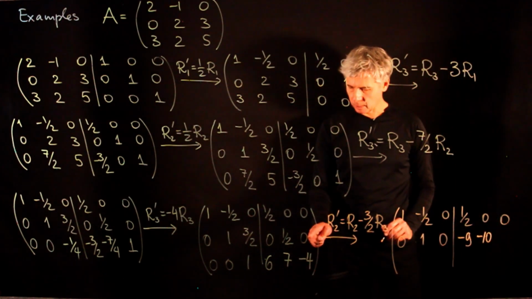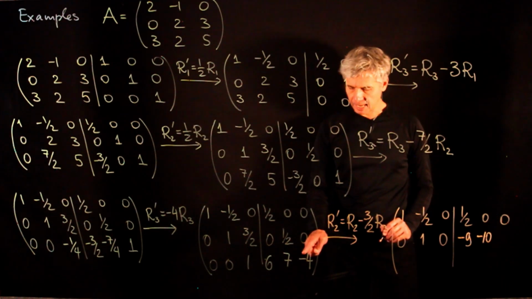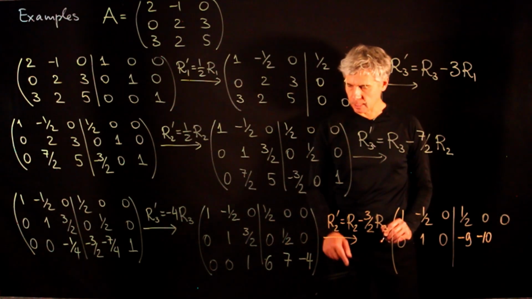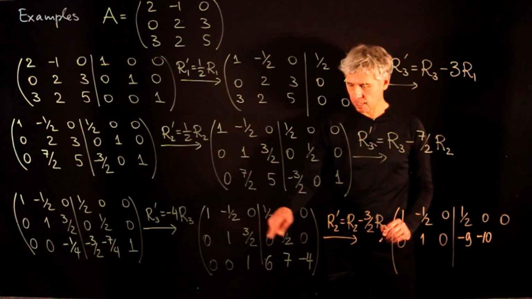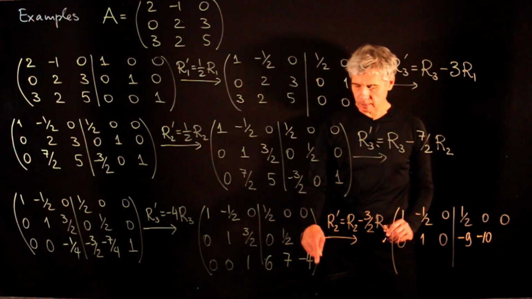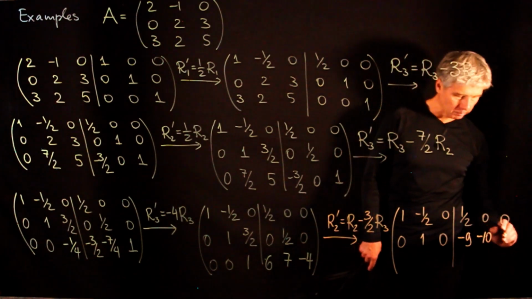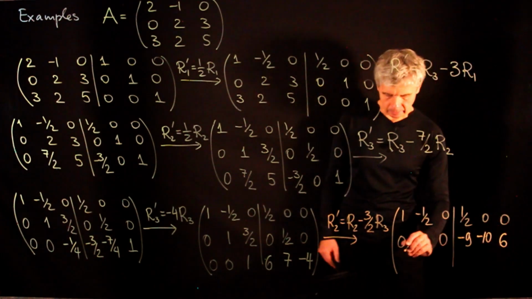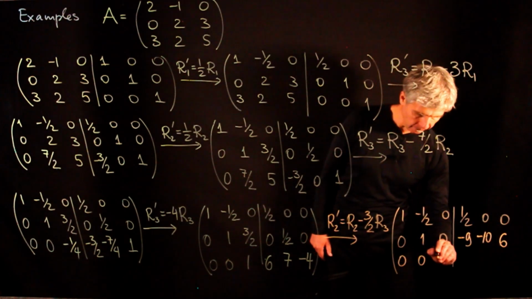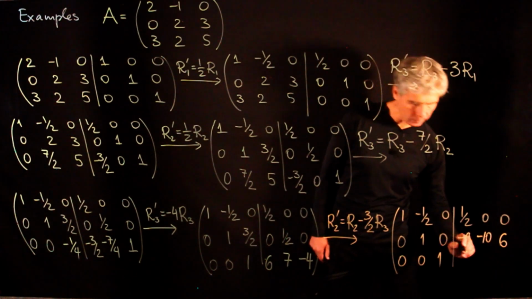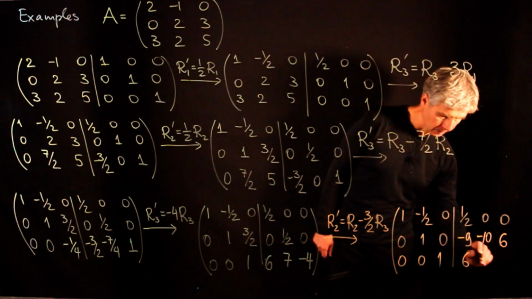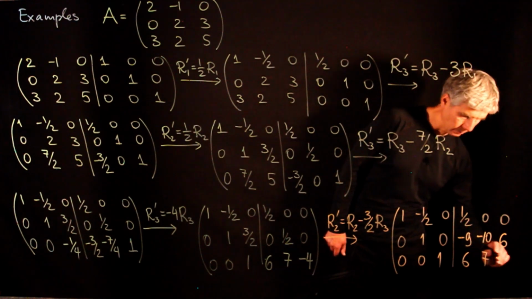And so here we have 0 minus 3/2 times negative 4. 3/2 times 4, that's 6. And so we get plus 6. And 0, 0, 1. And here we have 6, 7, negative 4.